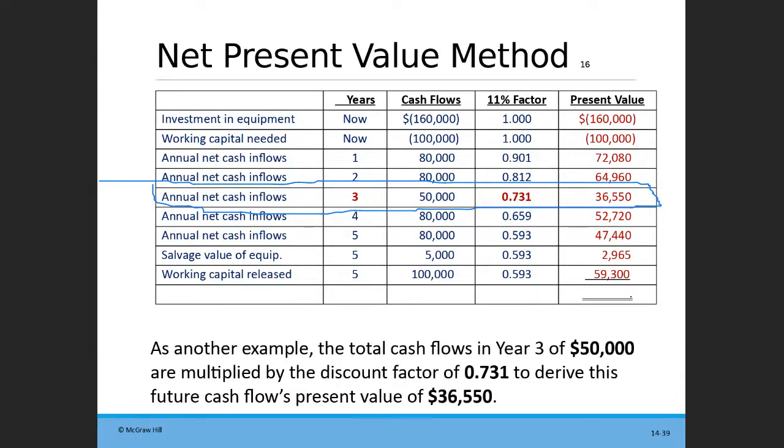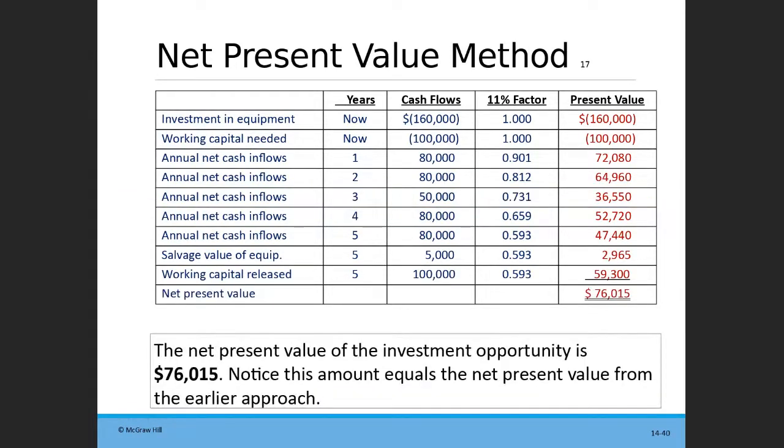You couldn't just use the present value of an annuity, because an annuity assumes you're getting the same amount every year. And you're not always getting that. So in this case, in year 3, they just netted out that 30,000, right? And looked up the factor, and there's our year 3.